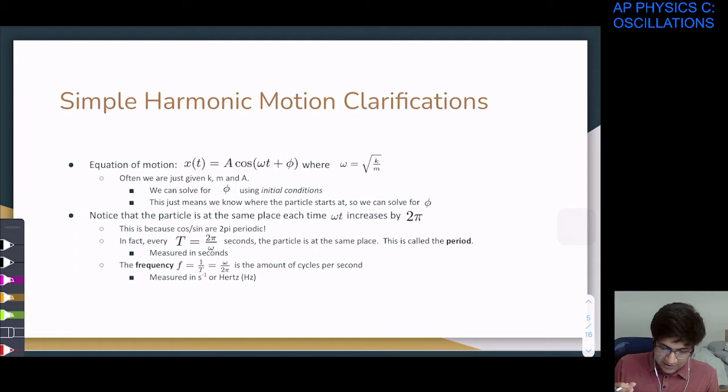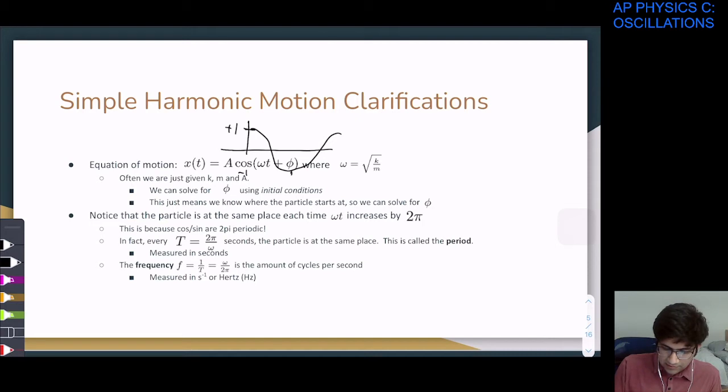Now let's take a second to try to understand what these mean. So A is the amplitude, and if you think about trigonometric functions, what's the maximum possible value of cosine? Well, it's 1, right? So the shape of cosine is something like this over here, where it goes between +1 and -1.